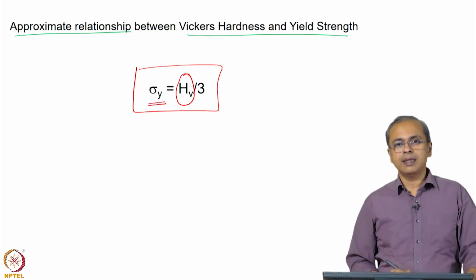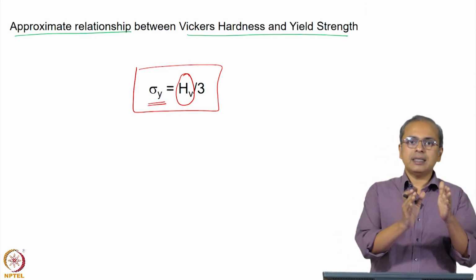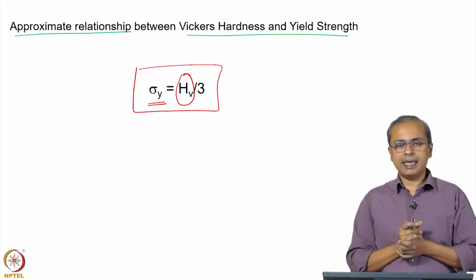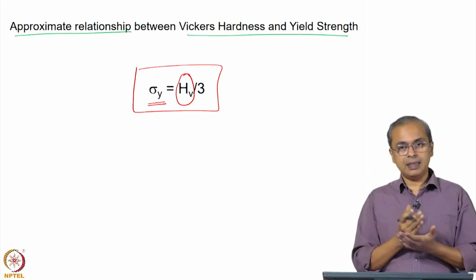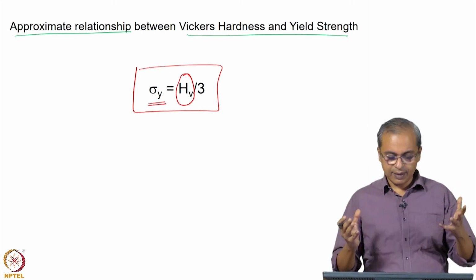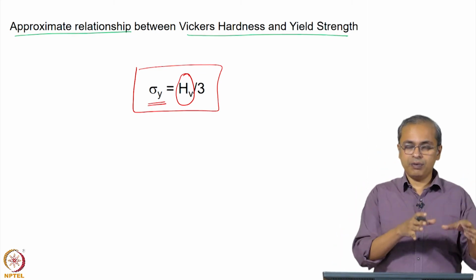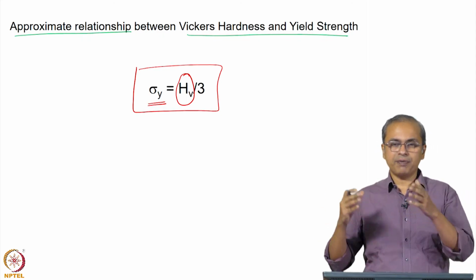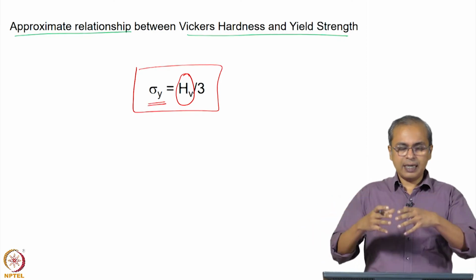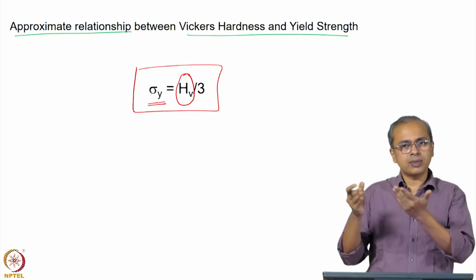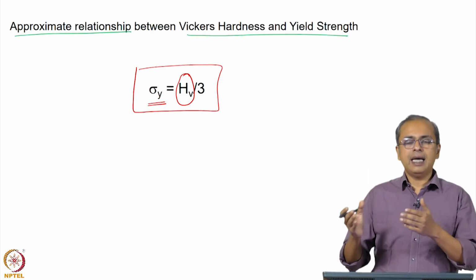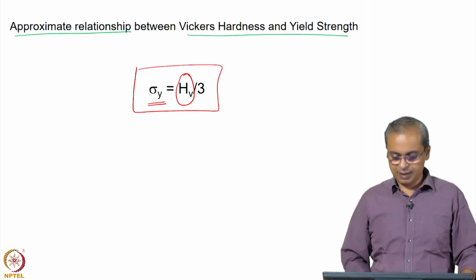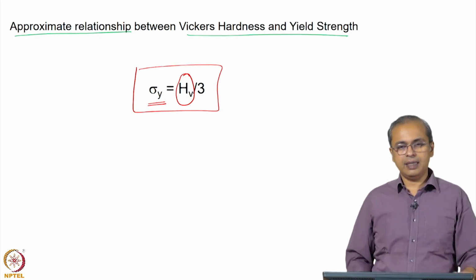Yield strength is typically a parameter that we associate with mechanical properties, and it helps us compare materials with different yield strengths. So, that is the kind of information that we are more interested in arriving at, and in this case we arrive at it indirectly by first getting the hardness. For an indentation to occur, the material has to yield. So, the hardness is related to the yield strength, and we use this formula where the yield strength is approximately 1/3 the hardness value, and in this process you can get the yield strength.